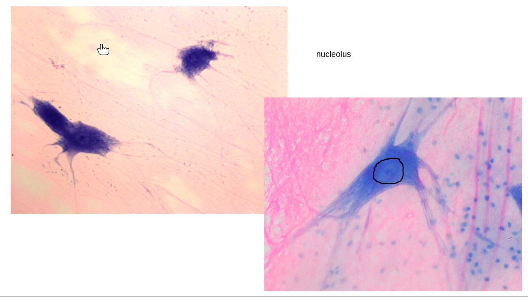If you remember way back from organelles, we talked about the nucleolus that was inside the nucleus. That was a part of the cell that makes ribosomes. So when you look at neurons, not only can you see the light spot area, that's their nucleus, but you can also see the little nucleolus in the middle. I feel like it kind of looks like an eye on a squid. So we've got these neurons that have a squid eye.